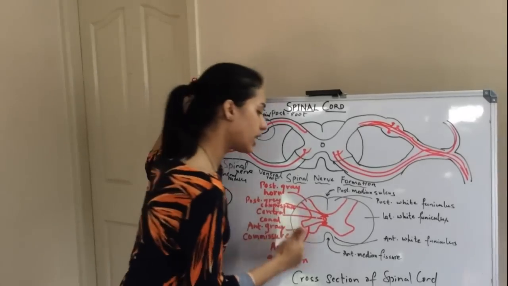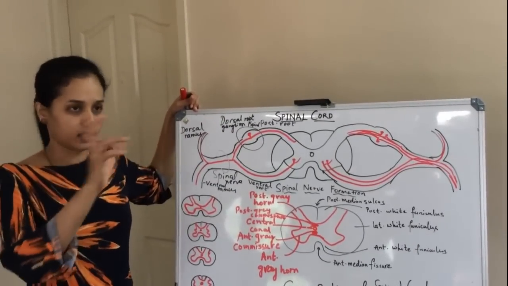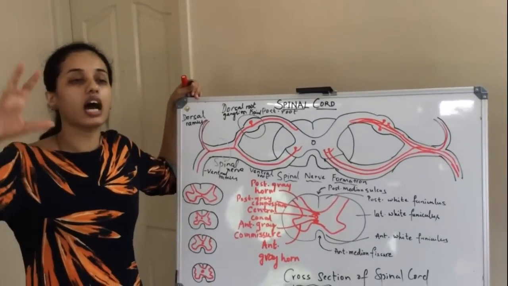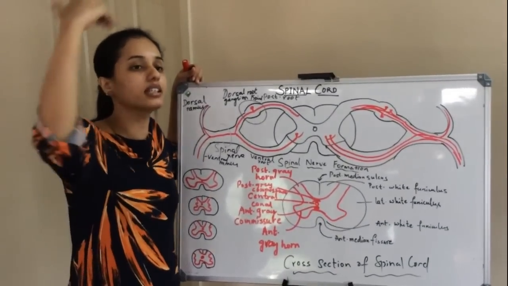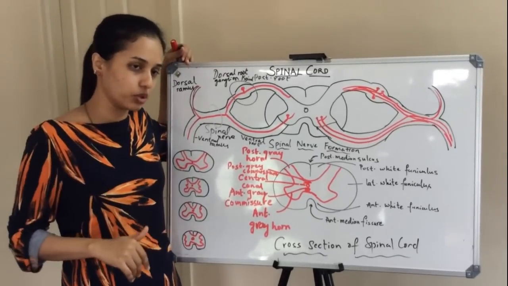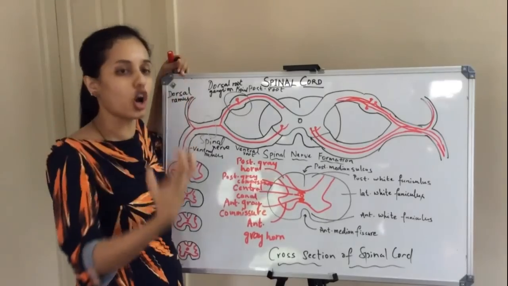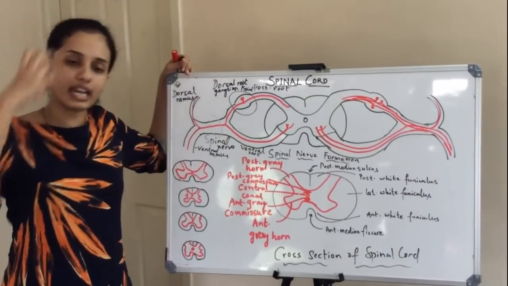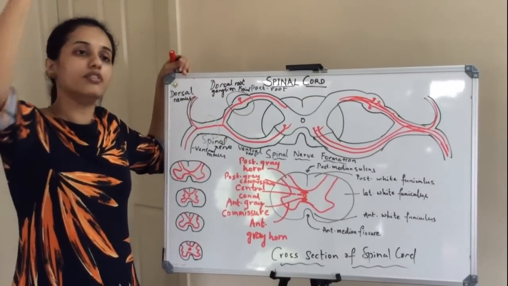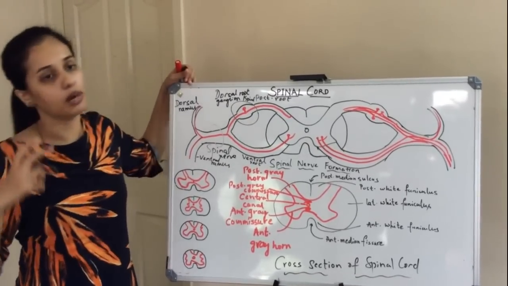The amount of grey matter depends upon the amount of muscle supplied at that segment. I told you in the previous video that when you see the gross external anatomical features, there are two enlargements, one at the cervical level and the other at the lumbar level: the cervical enlargement and the lumbar enlargement.